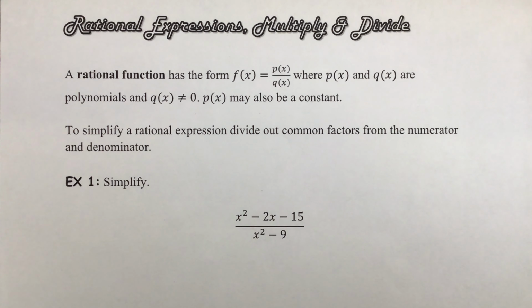It is one expression. Now what we can do though is change the way that this looks so that it appears as factors. Then you can take those factors and cancel them out if you happen to have something matched between the top and the bottom. So for the top, to factor this, we're just going to think of two values that multiply to give us negative 15 and add to give us negative 2.